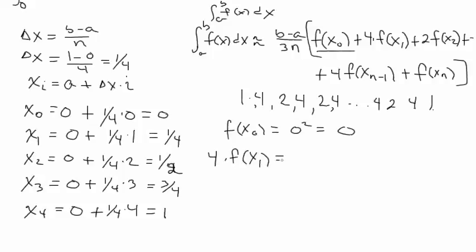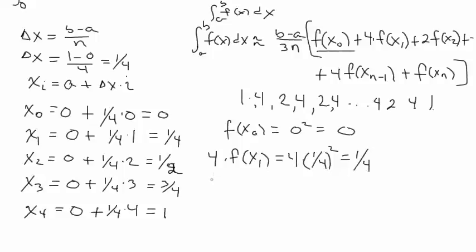f of x1 is equal to 4 times, now x1 is 1/4, so that becomes 1/4 squared, so that ends up being 1/4.